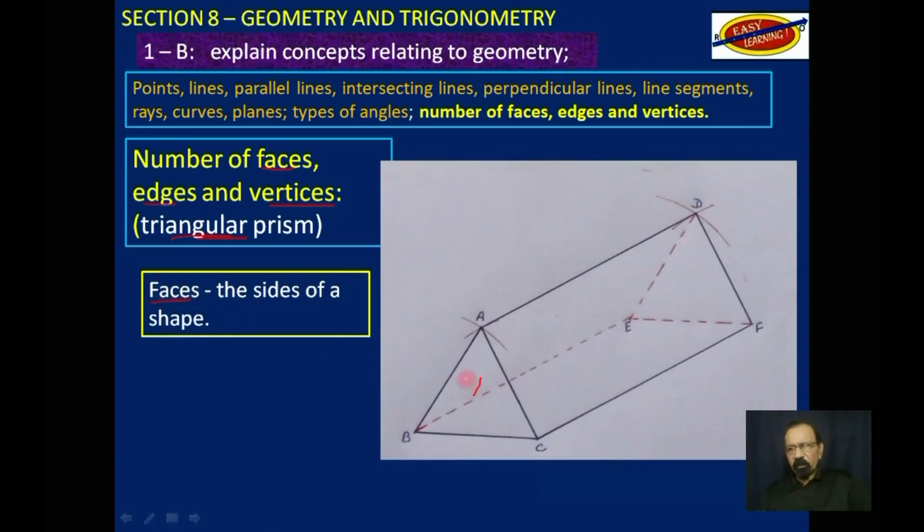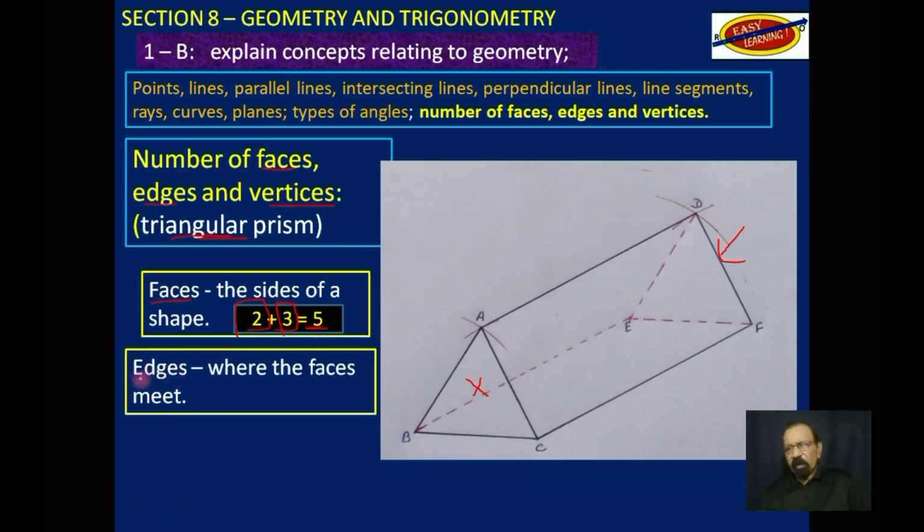As you can see, you have a front face here and a back face there, the two end faces, plus the side faces that join the front face to the back face. So you have 2, that's the ends, plus, because it's a triangle, you will have 3 along the side. So 5 faces.